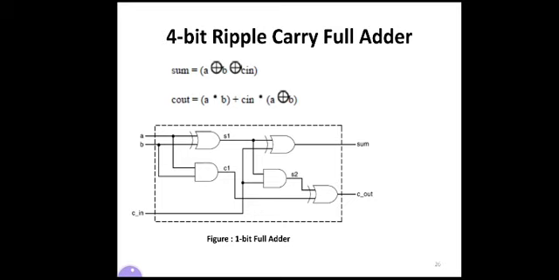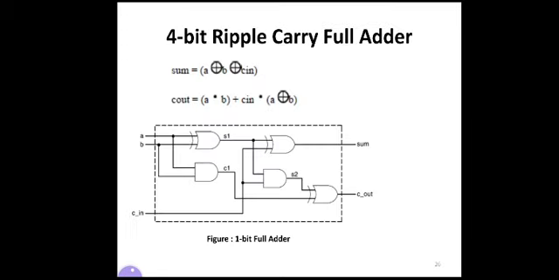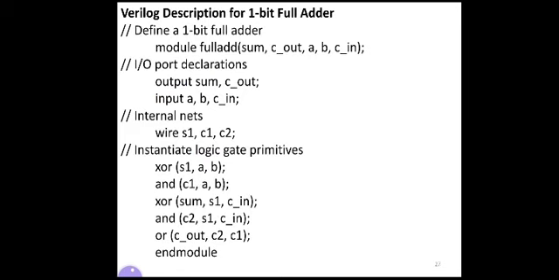While drawing the diagram, make a correction of that OR gate. So two XOR gates, two AND gates, one OR gate. Based on that, the first XOR is instantiated. Observe the figure. The first XOR has output S1 and inputs A and B. So the instantiation is XOR S1, A, B.